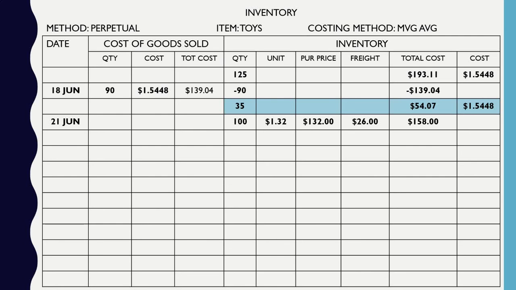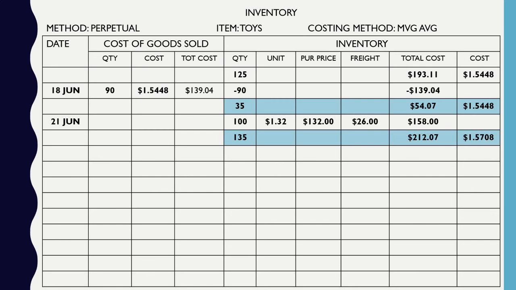And since I just purchased a new batch of inventory, now I must add them all together to give me a grand total of 135 items at a grand total cost of $212.07. And then I'm going to recalculate my average cost per item, which this time is going to be $1.5708.